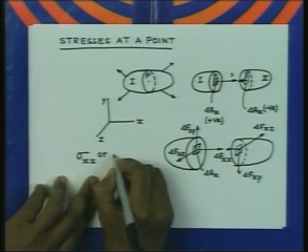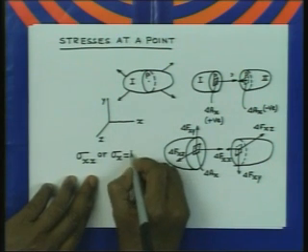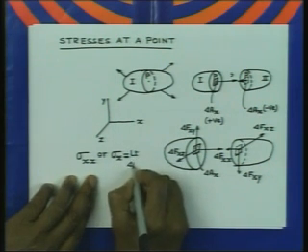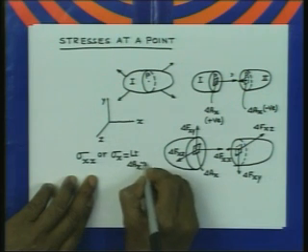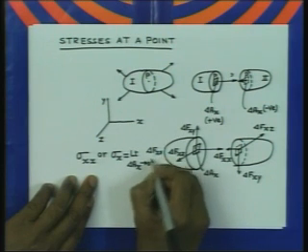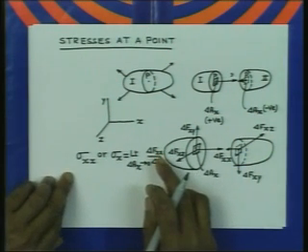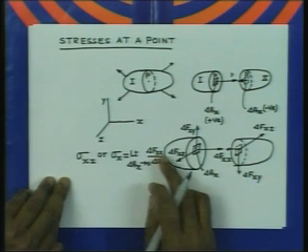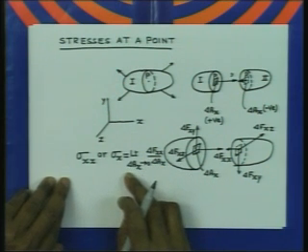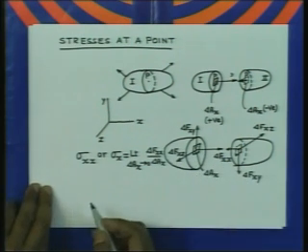Sometimes we also represent it by sigma x, and this sigma x is equal to the limit as delta Ax tends to 0 of delta Fxx divided by delta Ax. So the intensity of the force delta Fxx as delta Ax tends to 0 gives the stress on this area at the point P in the x direction.